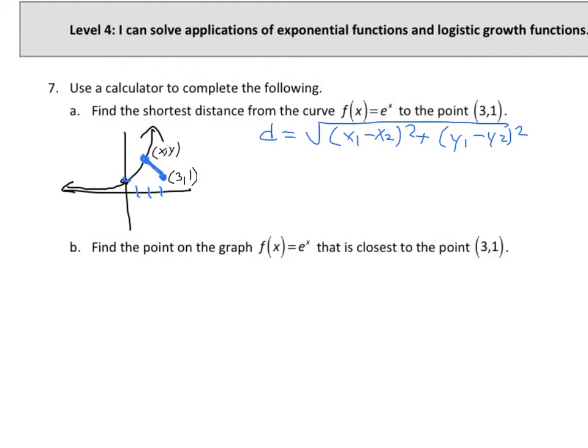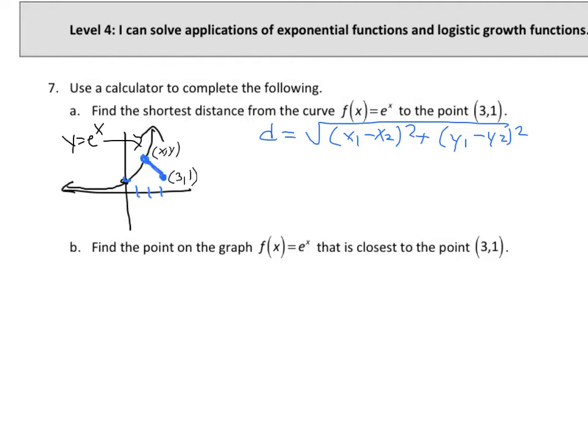But we want our equation to only have one variable. So just like we did with those area problems, we want to write our y value in terms of x. Now this graph is y equals e to the x.